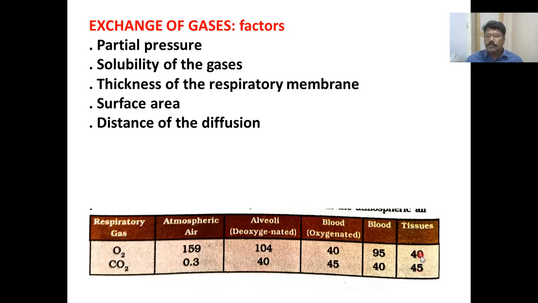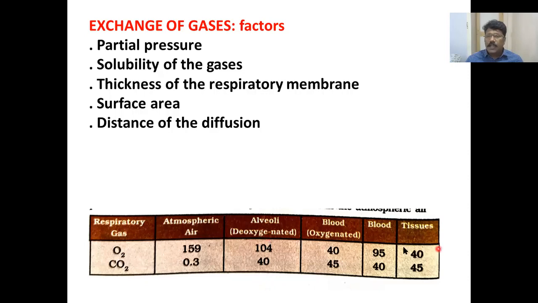And because of this, what happens? The carbon dioxide that is in the tissues enters into the blood and the oxygen in the blood enters into the tissues. So because of these pressure gradients, the gradients at the alveoli and at the tissues are different. Remember one thing, at the alveoli, the partial pressure of the oxygen is high, which facilitates the diffusion of oxygen from alveoli to the blood capillaries in the pulmonary lungs.